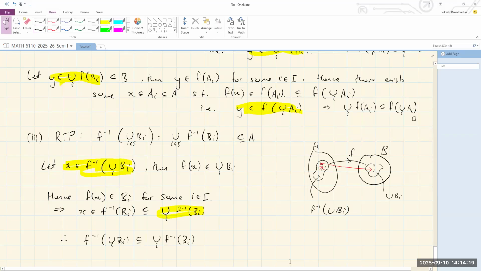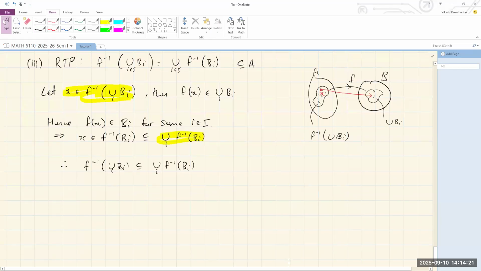Okay, so now we need to show the next direction. So conversely, let x belong to the union of f inverse of B_i. Now, if x belongs to the union, then x must be in one of them, so x must be in one of them for some i.